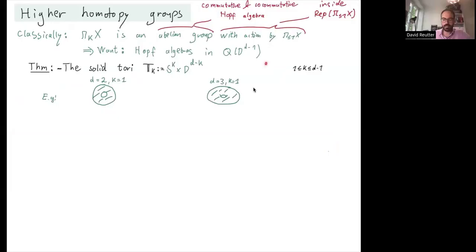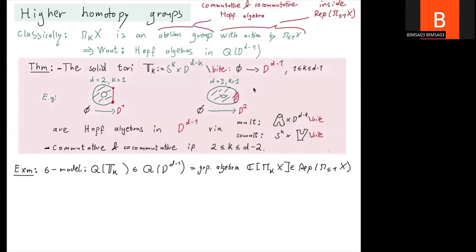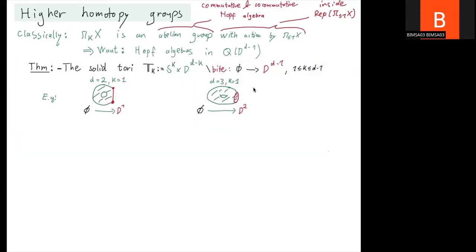Right. Can you remind us of the antipode of this Hopf algebra? The antipode is... topologically, yeah. Let me remind myself. The antipode is funny. If I'm just looking at the boundary theory, so let's ignore the bulk, this is just another sphere.